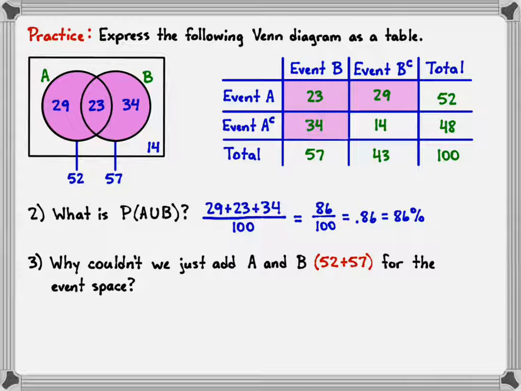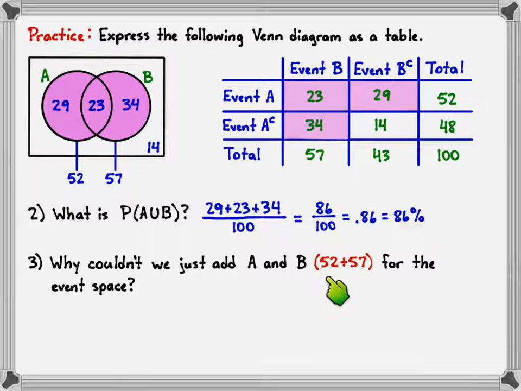But the real reason, the question that I'm angling at here, is the reason I can't add the 52 and the 57, or why I can't add A plus B, is because when I do that, I'm adding up this middle piece twice. If you were to break up the 52, really what you're saying is 29 plus 23. And if you were to break up the 57, you'd be saying 23 plus 34.